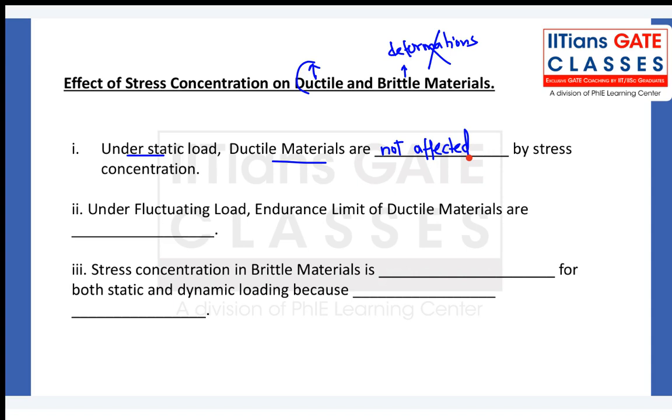But under fluctuating load, or you can say dynamic load, the endurance limit of ductile material. Endurance limit is the maximum stress amplitude we use for fluctuating load. This is again a property of the material, and we'll see it in our future slides.